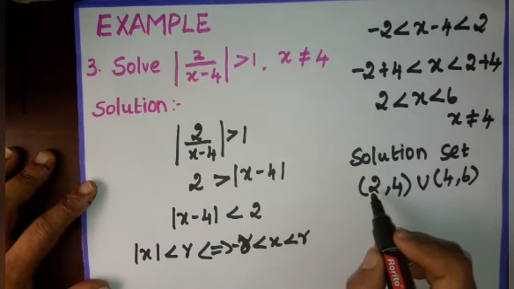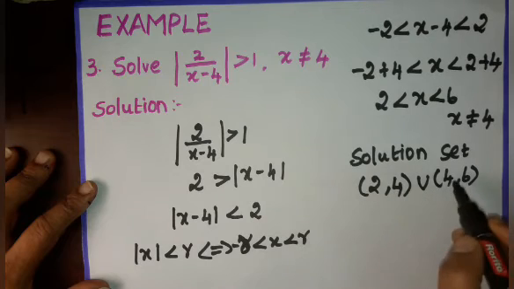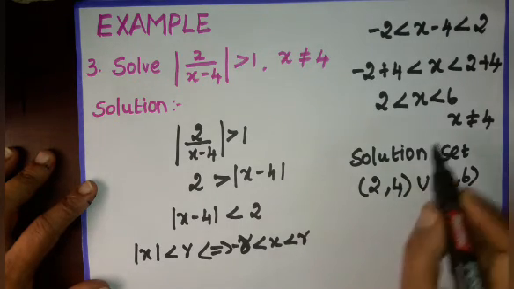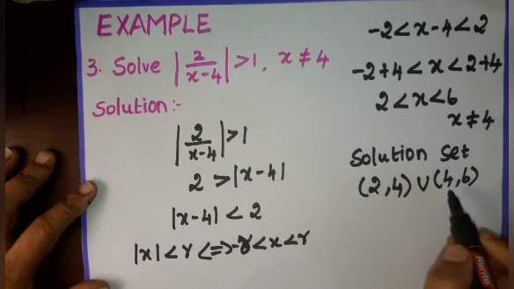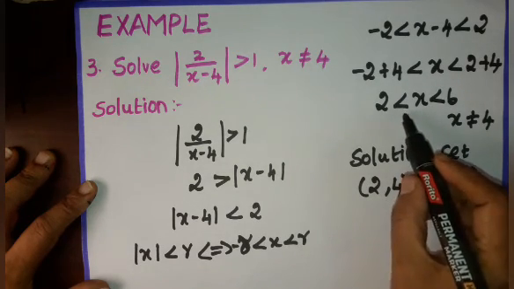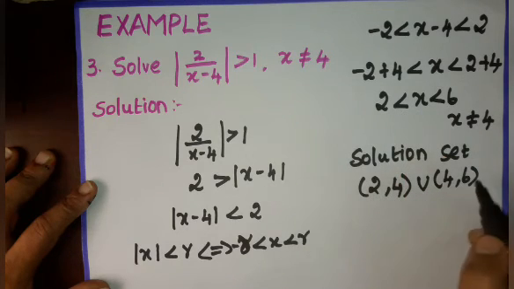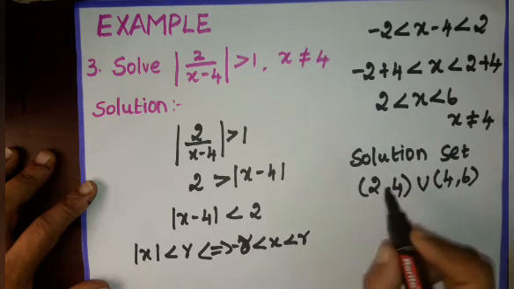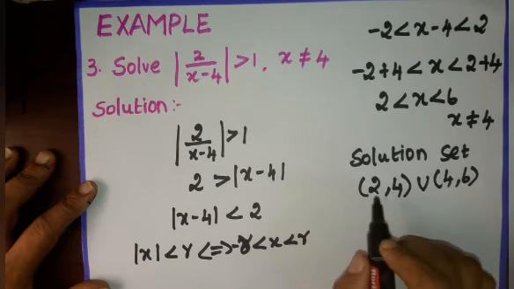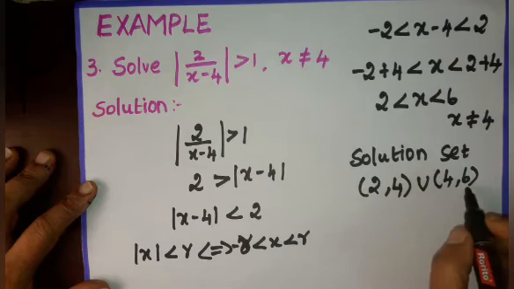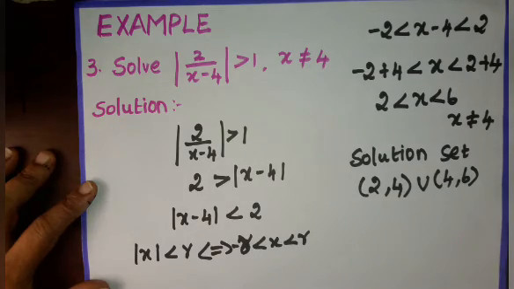So, the number lies between 2 and 4 and number lies between 4 and 6. For 2 and 6, I have used only open bracket because they have given only less than. If less than or equal sign is given, then we have to use closed bracket.